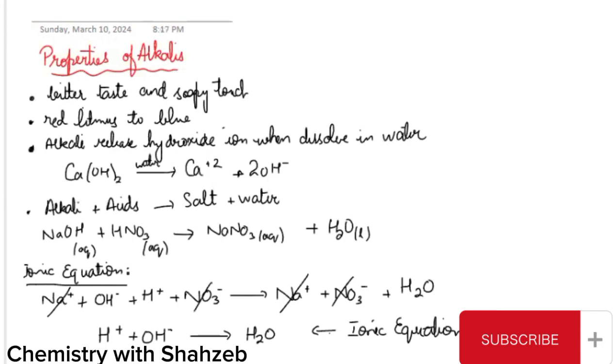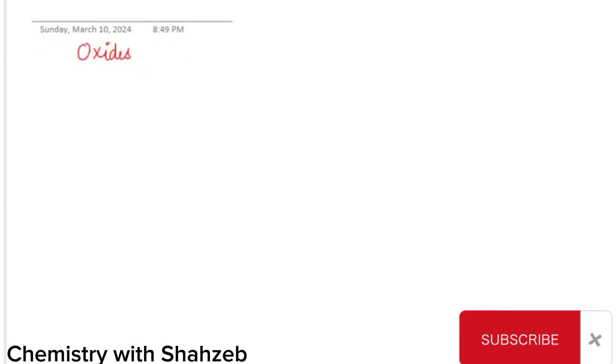Our topic of discussion will be oxides. First of all, I just want to describe to you that there are four types of oxides. The first is acidic oxides.